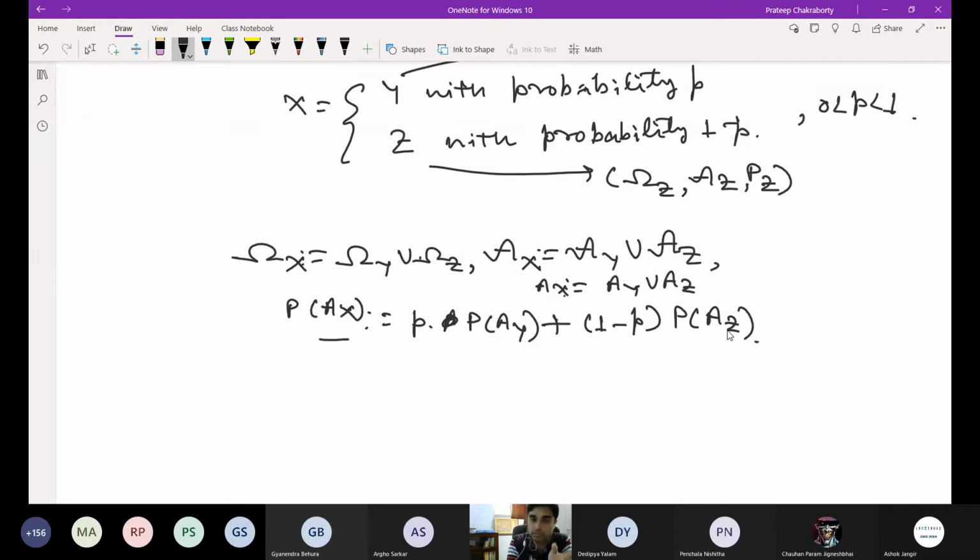We define it this way just because Y and Z are disjoint. This is purely the definition of X. When we define X, we first define the sample space, then the collection of all events, then the probability.